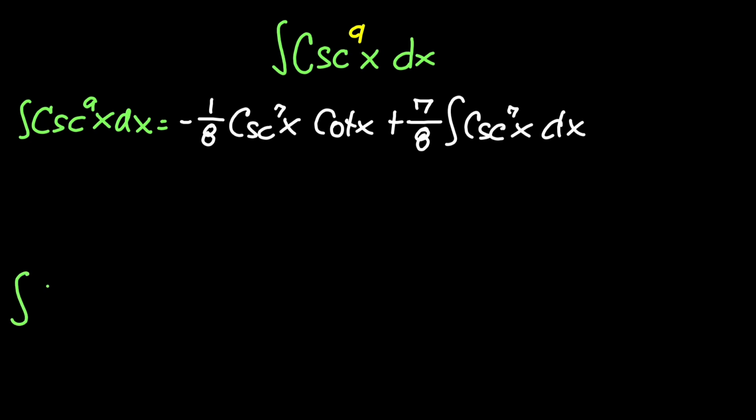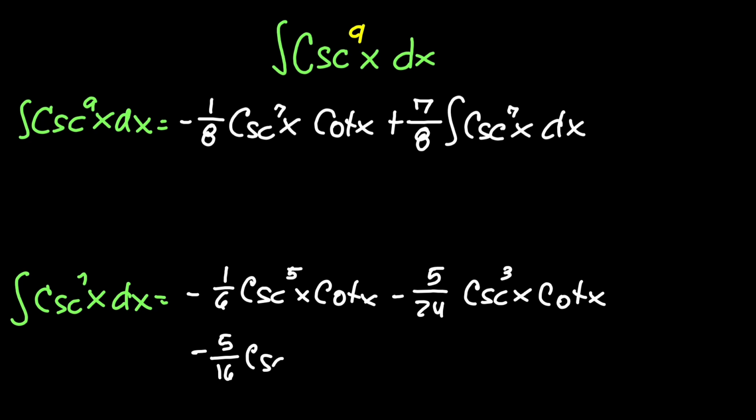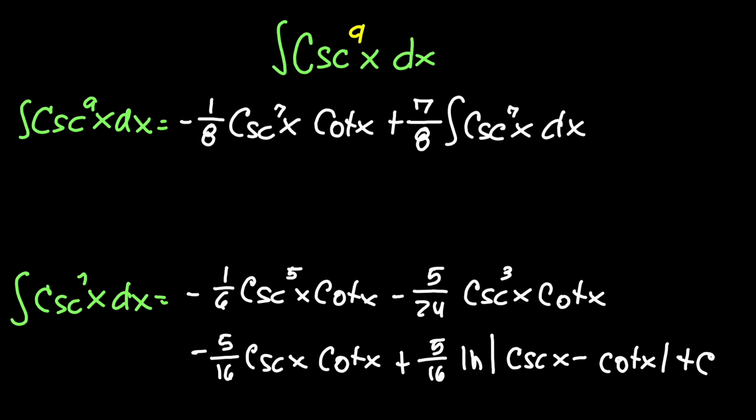So for this one, the integral of cosecant to the power 7 of x of dx would be equal to negative 1/6 of cosecant to the power 5 of x, cotangent of x, minus 5 over 24 cosecant to the power 3 of x, cotangent of x, minus 5 over 16 cosecant of x, cotangent of x, plus 5 over 16 natural log of the absolute value of cosecant of x minus cotangent of x plus c.